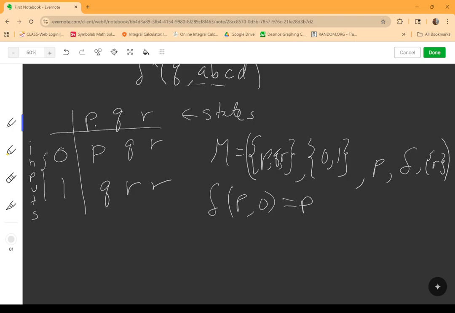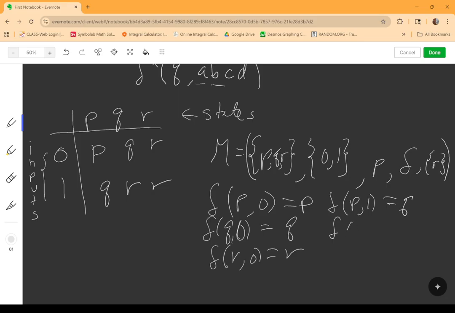State P, input 0, leaves me at P. State Q, input 0, leaves me at Q. State R, input 0, gives me R. Delta P, input 1, gives me Q. Delta Q, input 1, gives me R. And delta R, input 1, gives me R.